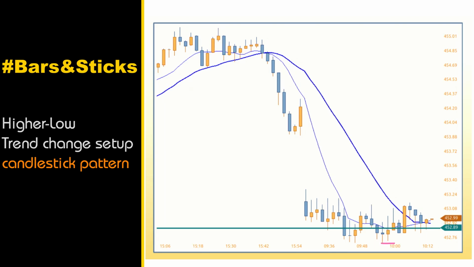So that was the low. Here's another low. So that's good. I'd like to see it get above here. And the moving average is curling underneath.